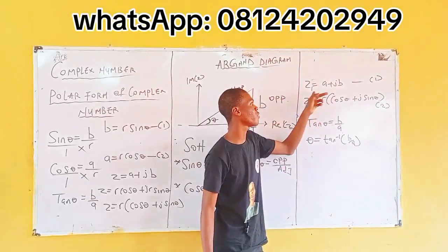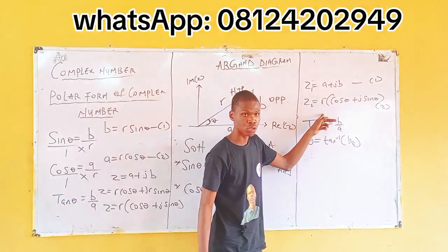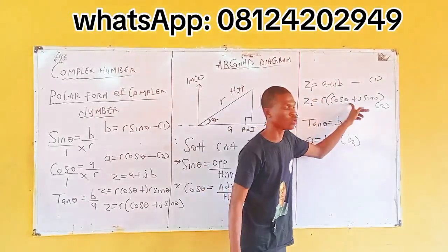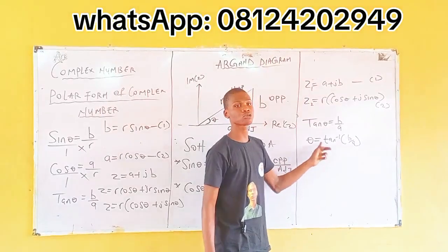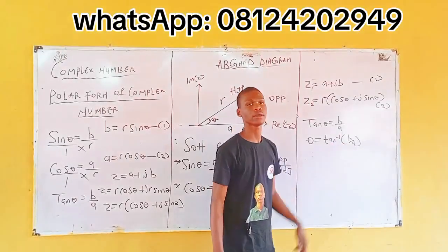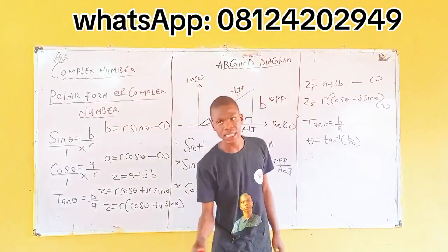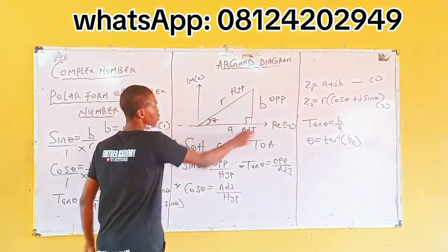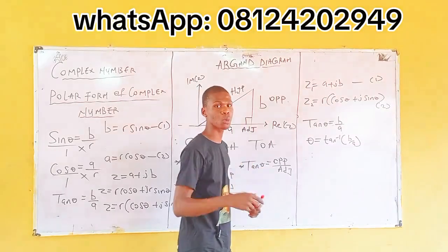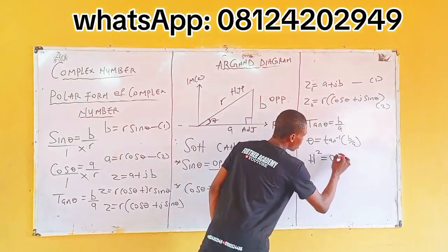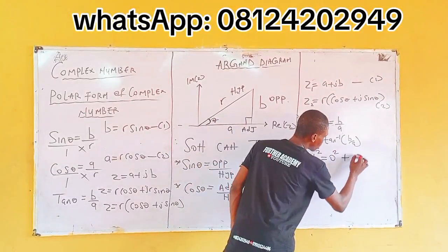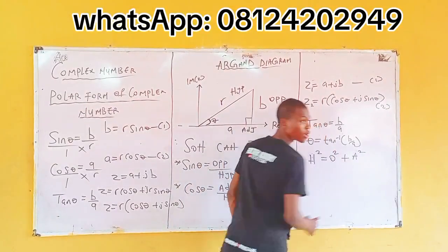We've seen how we converted case 1 to case 2. To get the angle, this is the formula: theta is equal to tan inverse of b over a. Now, what about the R? How do you get the R? Using this illustration, we recall Pythagoras theorem. Hypotenuse square is equal to opposite square plus adjacent square.